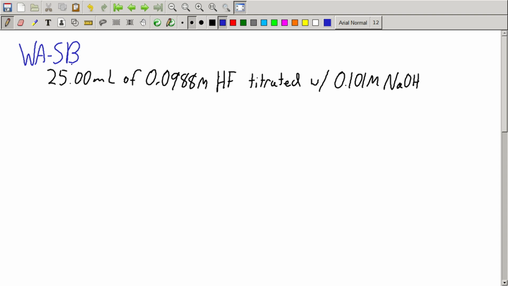If I have a weak acid, what do I need to find? I need to find the Ka value for the weak acid, right? What is it? Okay. So the value you got was from your textbook, 7.1 times 10 to the negative fourth. Okay. Some other textbooks say 6.8 times 10 to the negative fourth. We'll just go with that and stick with it. Okay. And that's what you want to do with these things.